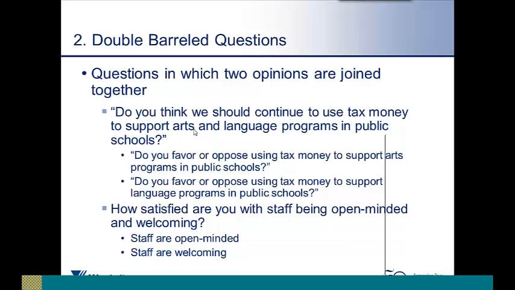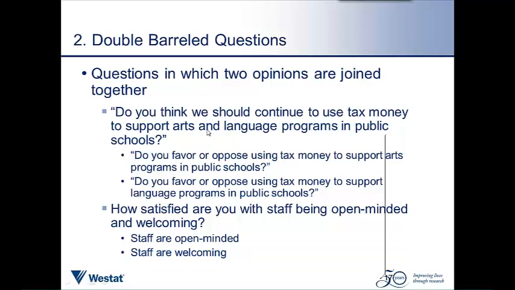We're asking about the support of arts programs, and we're asking about the support of language programs. And it could very well be that there are taxpayers that think that we should be supporting language programs in the schools, but they don't particularly think it's a good idea to support arts programs in the schools. So what we try to look for when we're assessing survey questions is the use of the word "and."